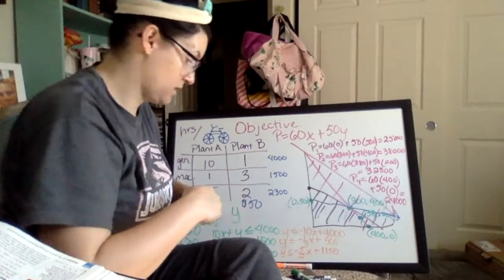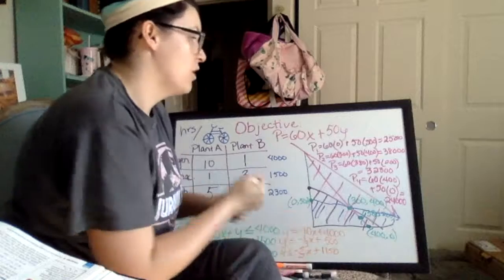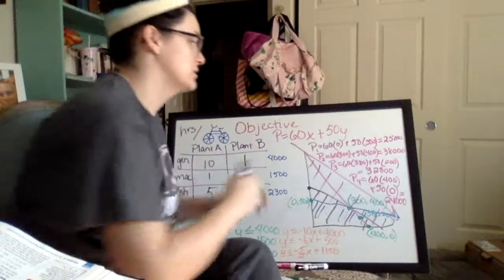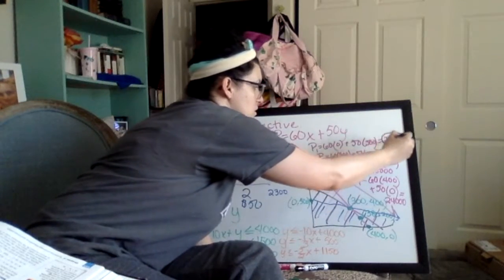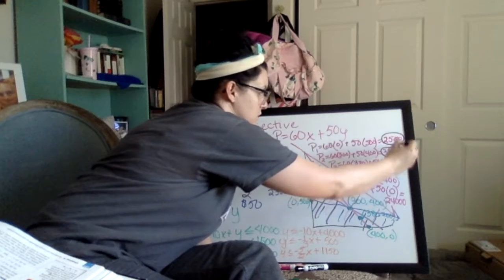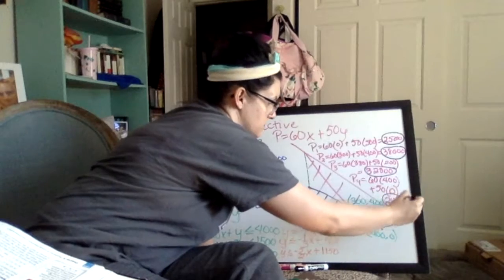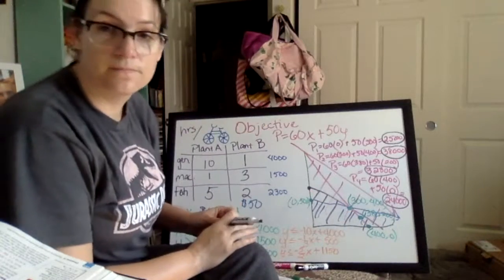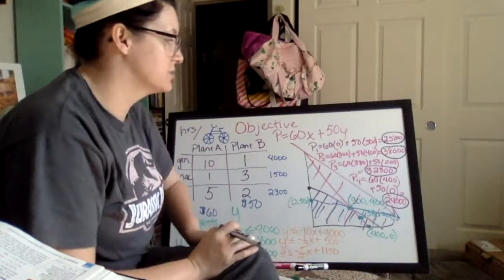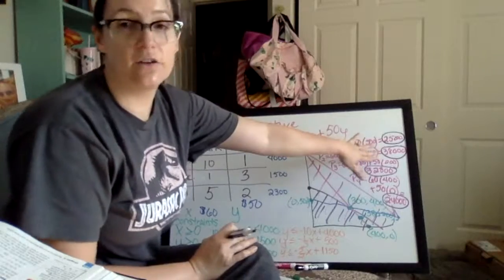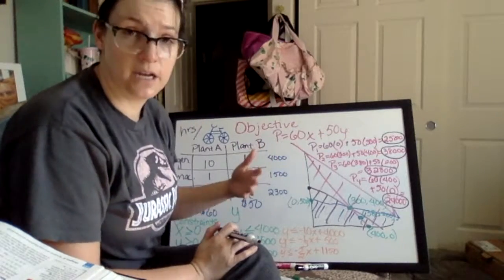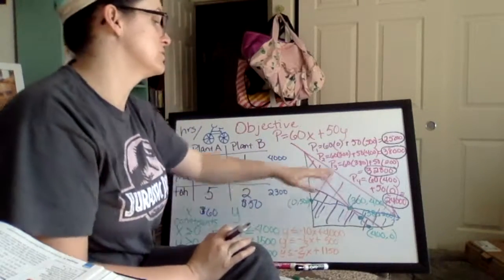So, my possible profits are those four. Which one's the biggest? 38,000. And what coordinates did I use to get a profit of 38,000?